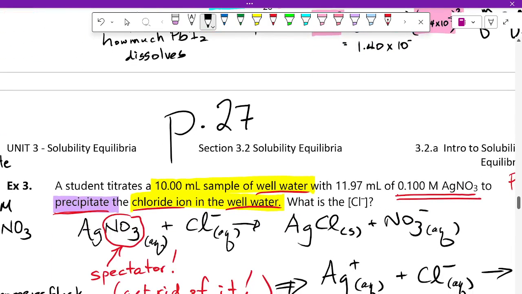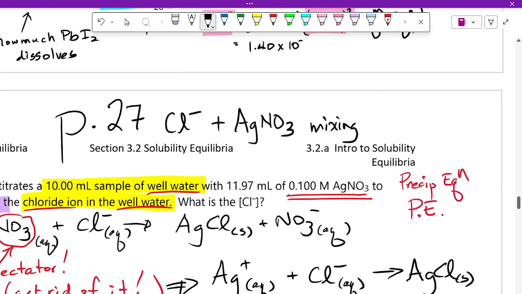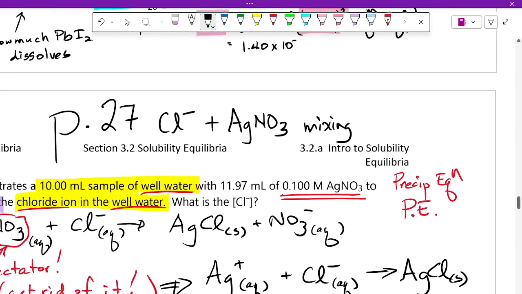In our third one, this one was a little bit trickier, but we were told that we had AgNO3 and we were titrating Cl with the AgNO3, which means that we are mixing two things, yes? And when we are mixing in this unit, we will be looking at precipitating.